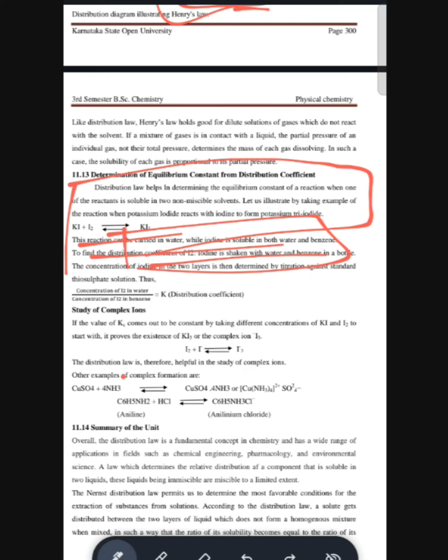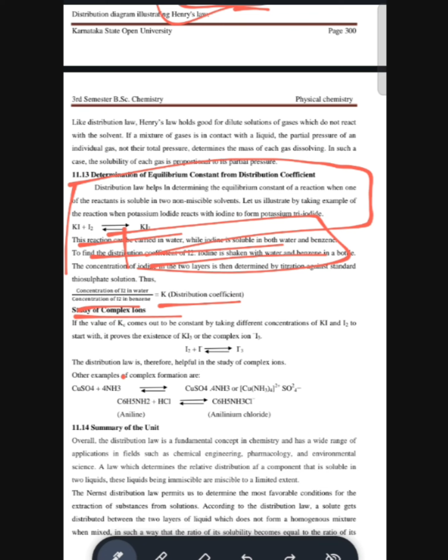The concentration of iodine in water and the concentration of iodine in benzene give K, the distribution coefficient, which we calculate to identify whether the solute, iodine, is equally distributed or not. That is the distribution law.